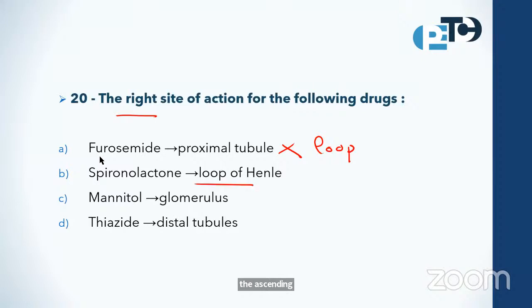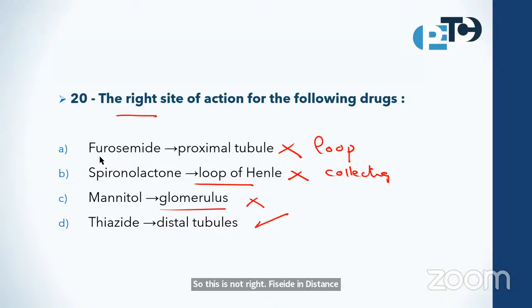Spironolactone in the loop. Also wrong. It is in the collecting and distal duct. Mannitol in the glomerulus. It is right, but not only in the glomerulus. It can act on all parts of the tubules, so it is not right. Thiazide in the distal tubule. Yes, it's true.